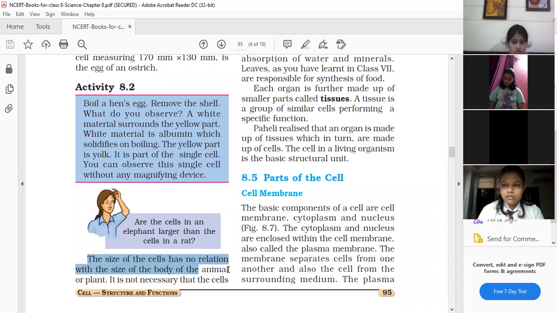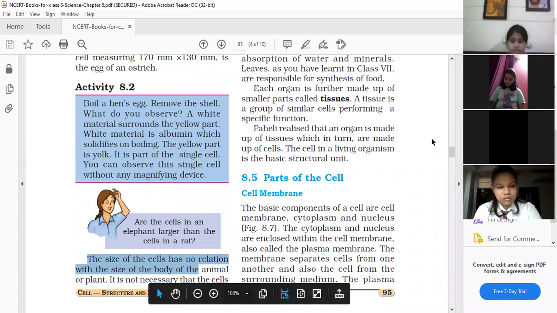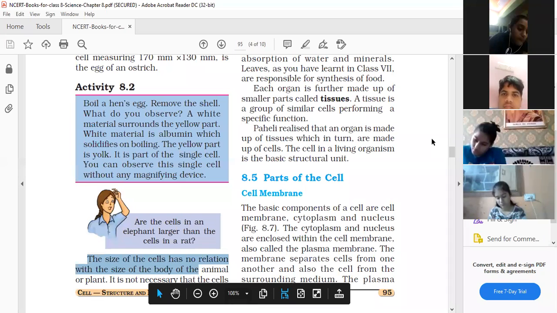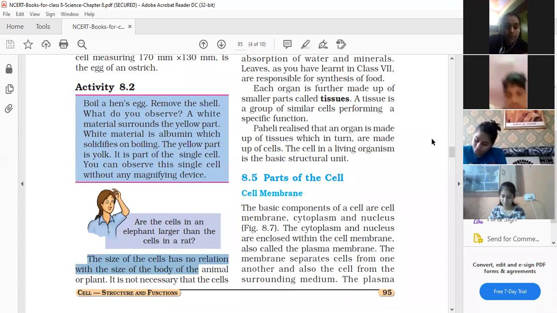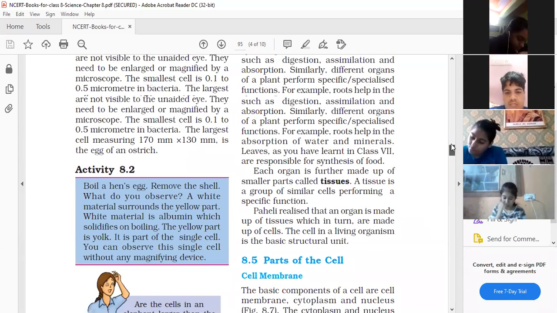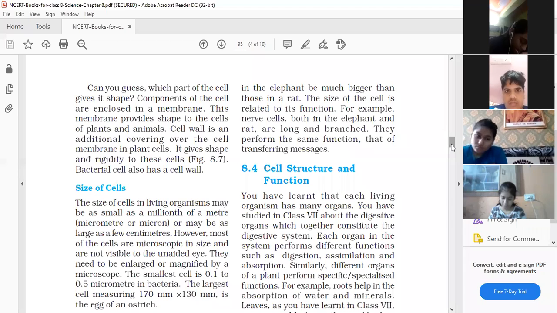Where is the difference? Only in the number of cells. The number of cells is more in the elephant and less in the rat. I think I have made it very clear. The size of the cell will remain the same, the difference will be in the number of cells. If the animal is bigger in size, then the number of cells will be more.